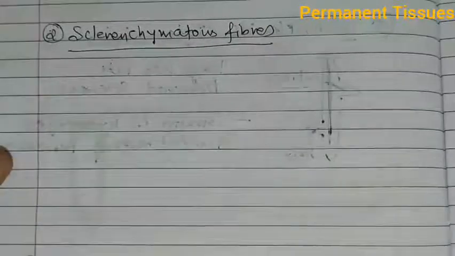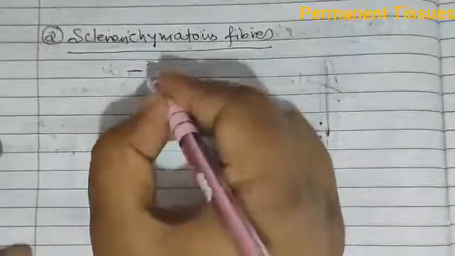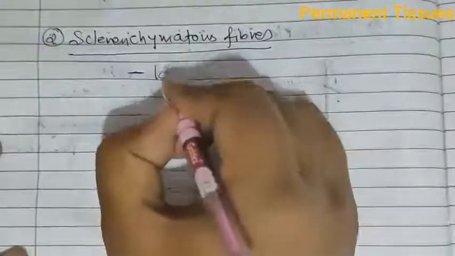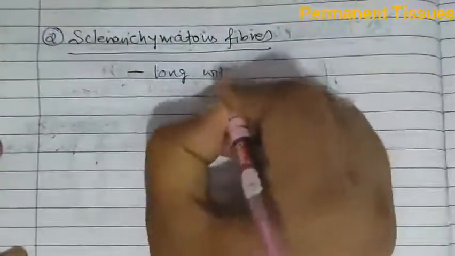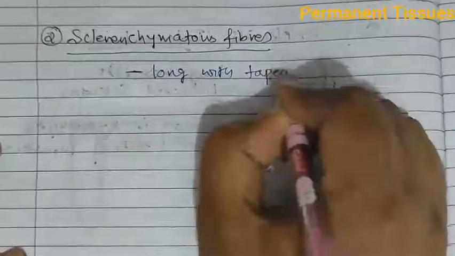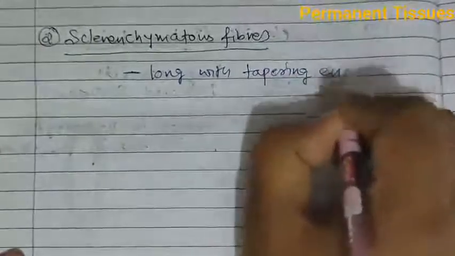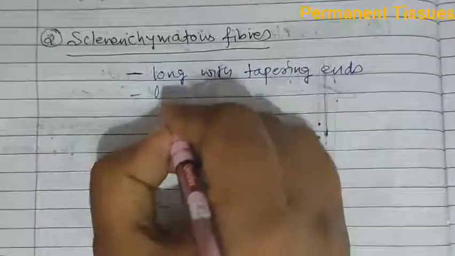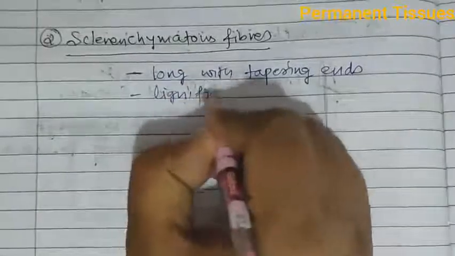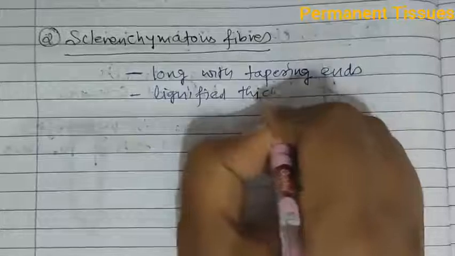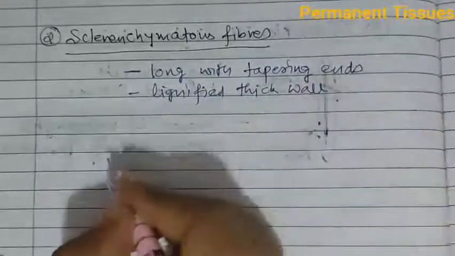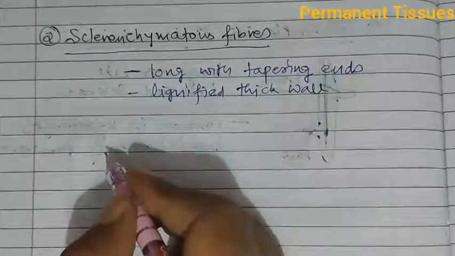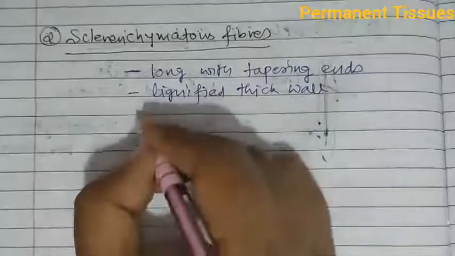Their characteristics: they are long with tapering ends. These are thick-walled cells with a lignified thick wall. Fully developed fiber cells are always dead.